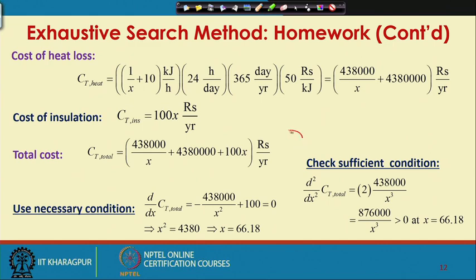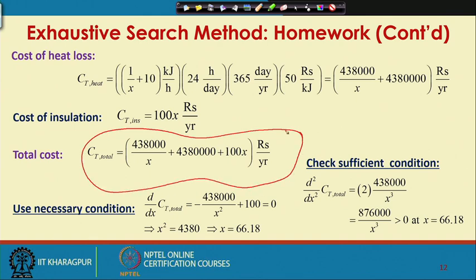So, the total cost is obtained as this. Using the analytical method, it is possible to find out the optimum. So, you just take the derivative of this total cost with respect to insulation thickness x, set that equal to 0, and you get x equal to 66.18. You check the sufficient condition, take the second derivative, and you see the derivative is greater than 0.